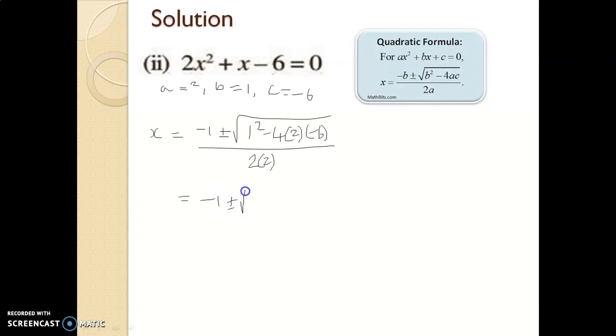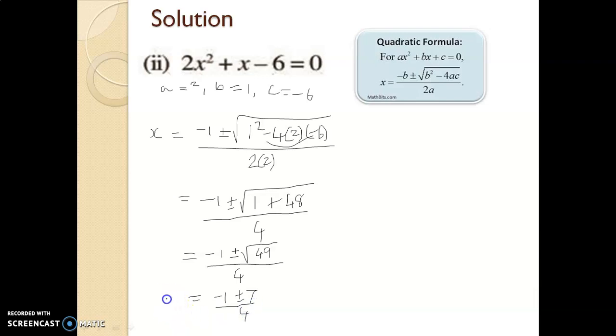So equal to minus 1 plus or minus square root of 1 square is 1, and this minus into minus will become plus, and multiply 4 into 2 is 8, 8 into 6 is 48, divided by 2 into 2 is 4. So equal to minus 1 plus or minus root of 1 plus 48, 49, divided by 4. So equal to minus 1 plus or minus the root of 49, which is 7, divided by 4. So this is the x value. Next we can split the roots.